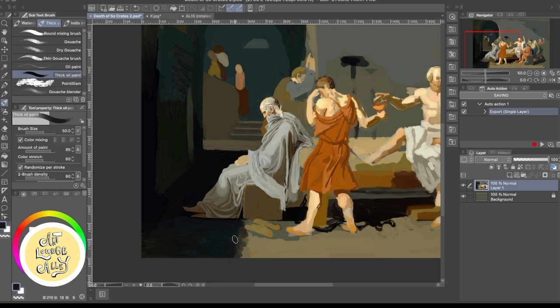But I am enjoying how it transitions from color to color. It does have this oil kind of feel to it, how the colors kind of blend into one another.